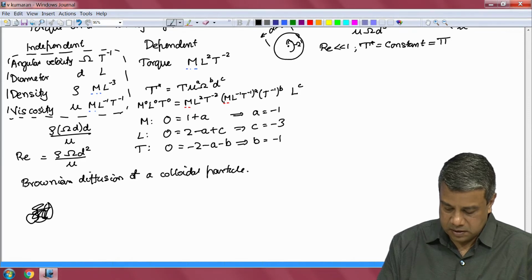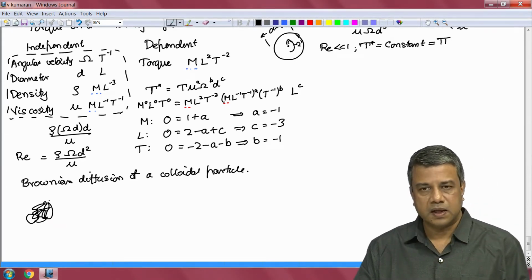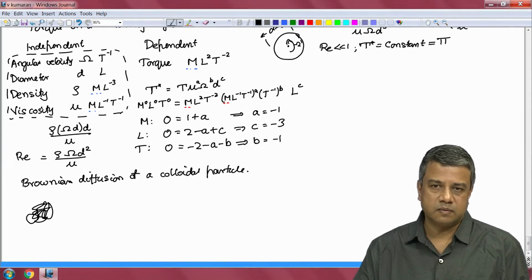It is called Brownian motion, and this is because it is being acted upon by the fluctuating velocities of the molecules in the fluid.